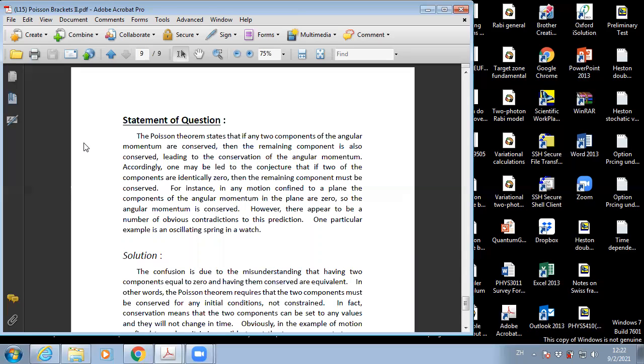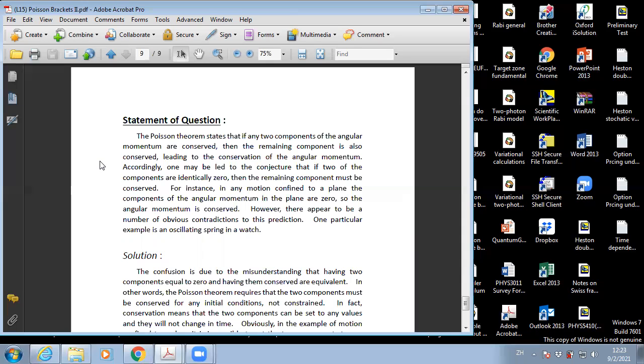So you can see the mapping between classical mechanics and quantum mechanics. So analytical mechanics gives us the advantage of understanding quantum mechanics in a more straightforward way.